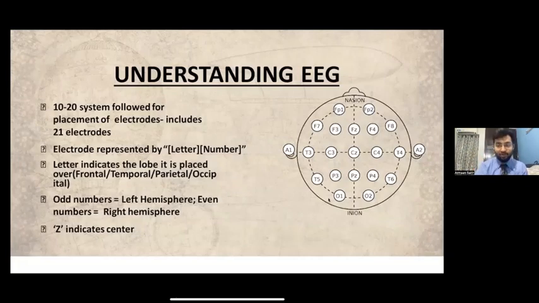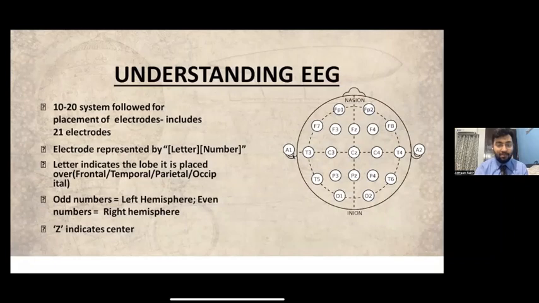And then, according to the distance which is marked, say 20% of the total distance from nasion to inion is the distance between, say, the central electrode and the FZ and the PZ. Similarly, 20% distance is again between CZ, C3, and C4. So this is what the 10-20 system approximately is.